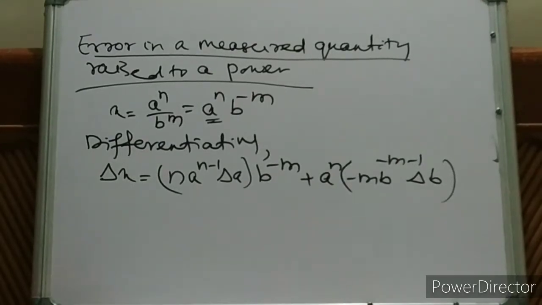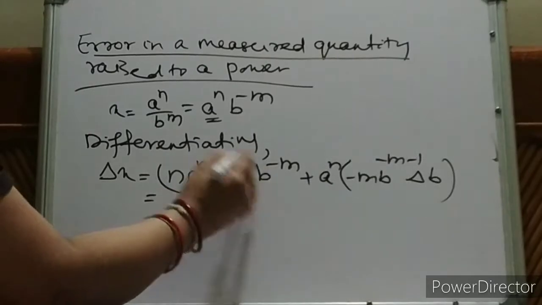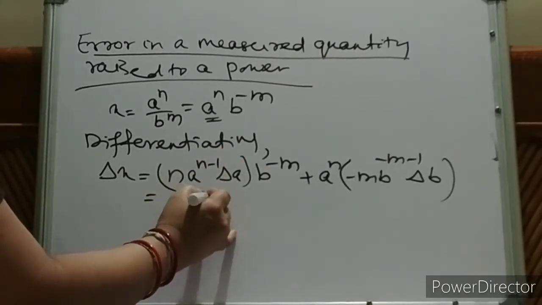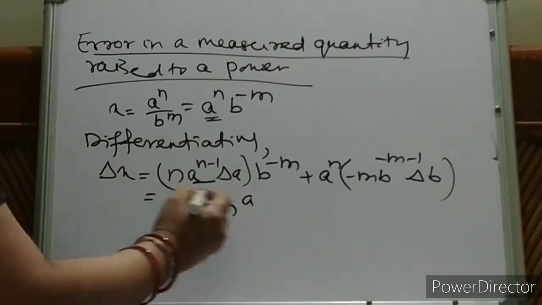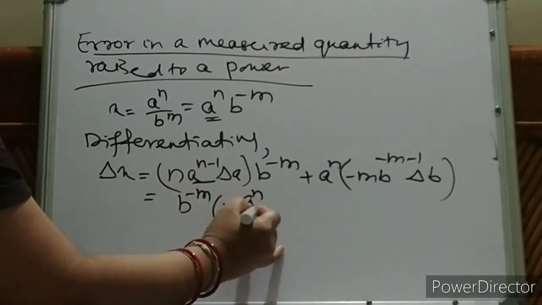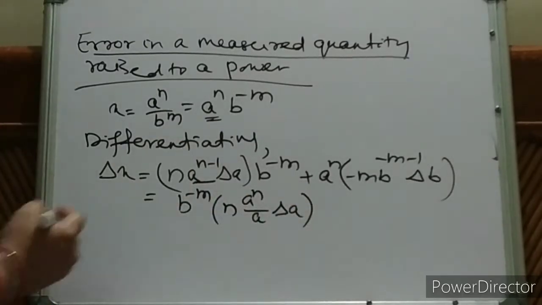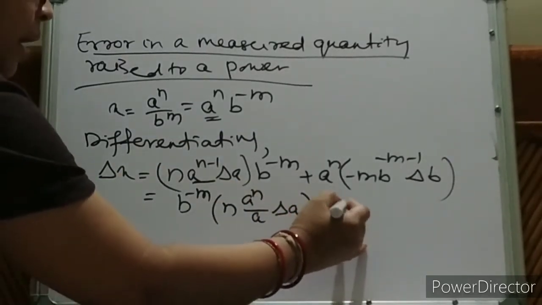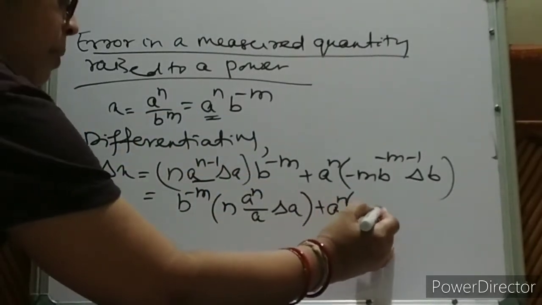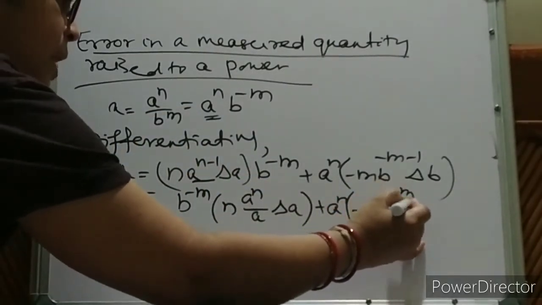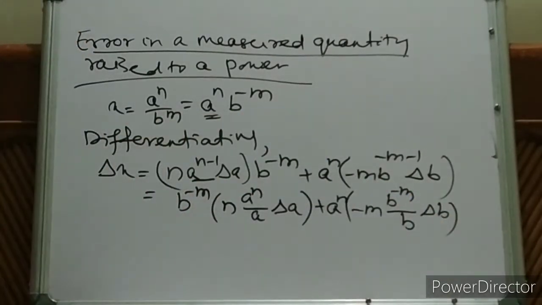Okay. Now this is equal to, I can write b to the power minus m, just rearrange the things, n a to the power n minus 1. So I can write a to the power n divided by a into delta a. Okay, plus a to the power n minus m b to the power minus m divided by b delta b.